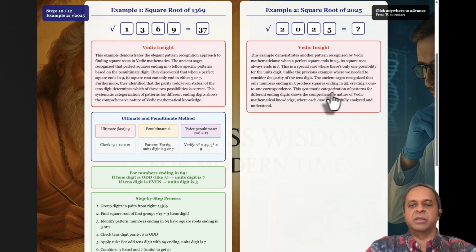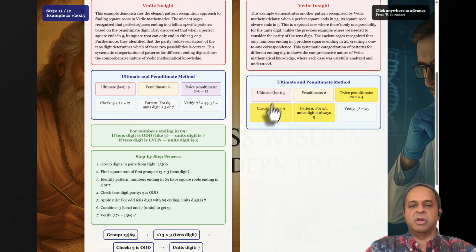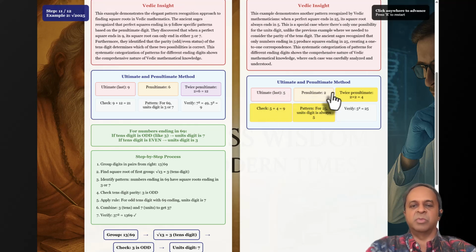This systematic categorization of patterns for different ending digits shows the comprehensive nature of Vedic mathematical knowledge, where each case was carefully analyzed and understood. Just go through those steps. In this case, the ultimate is 5, the penultimate is 2, but because the ultimate is 5, the units digit will always be 5.